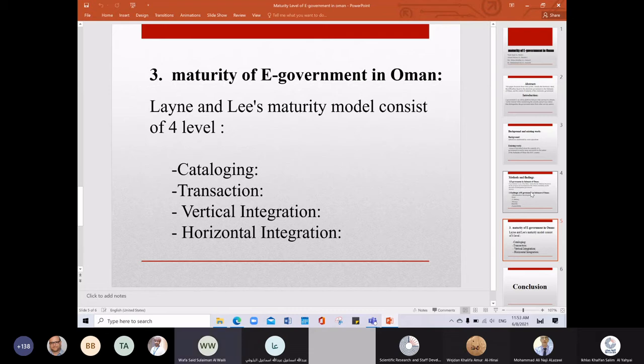E-government is defined as the deployment of information technology between sectors and states, and communication via the internet and social networks. It must be an electronic platform that provides government services via the internet, and the maturity of this e-government is a group of strengths. Thank you for listening.